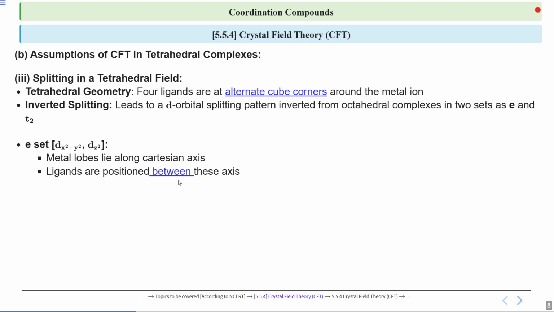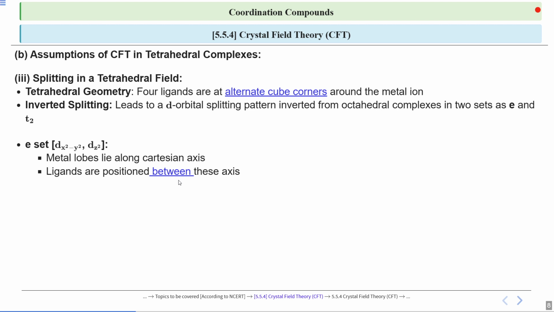If you remember, in the octahedral complex, in the E set for the dx square minus y square and dz square, the ligands and metal lobes were both lying along the same axis. But here the pattern is inverted: the metal lobes are still lying along the Cartesian axis, but the ligands are positioned between the axes.